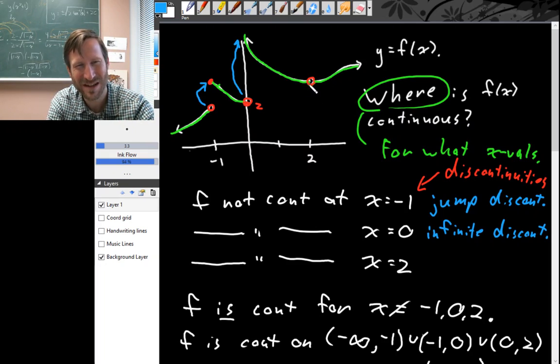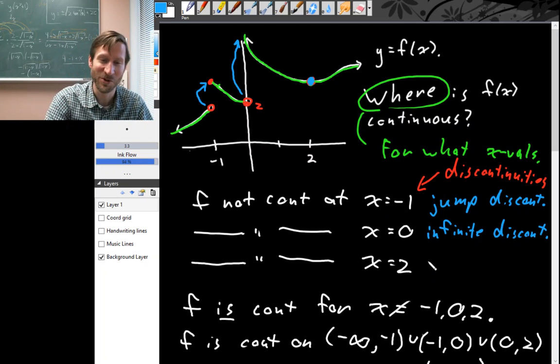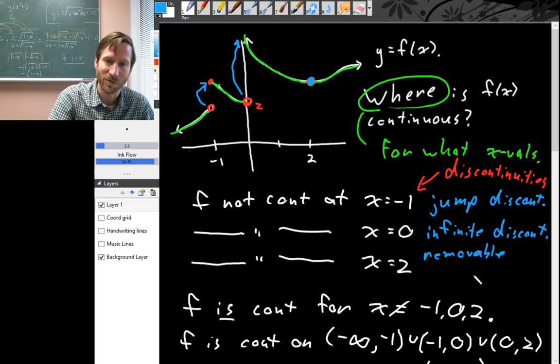It's just that there's a hole in the graph. And when there's just a hole in the graph, you could fix this discontinuity by filling in the hole, by modifying the function just at this single x value. And since you could remove this discontinuity, we call this a removable discontinuity.